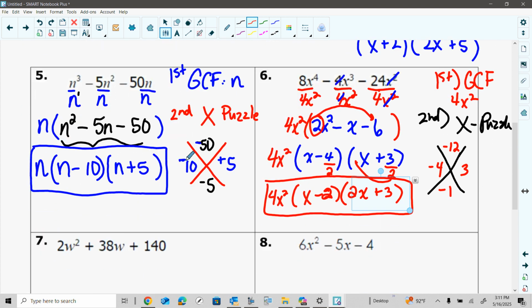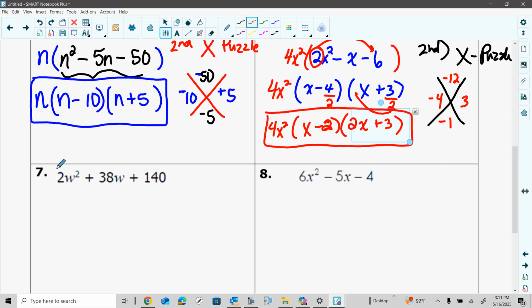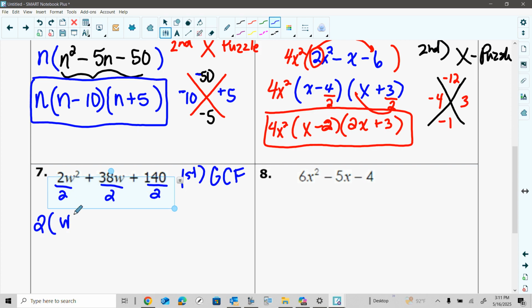If you look at number 7 here, I have a coefficient, but remember, I want to check for a GCF first. And there's a GCF. They have 2 in common, so we can divide everything by 2. This becomes w squared plus 19w plus 70.